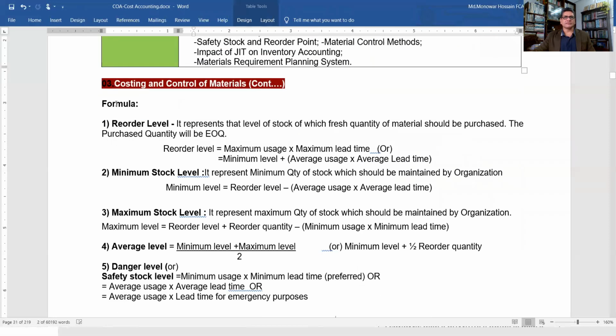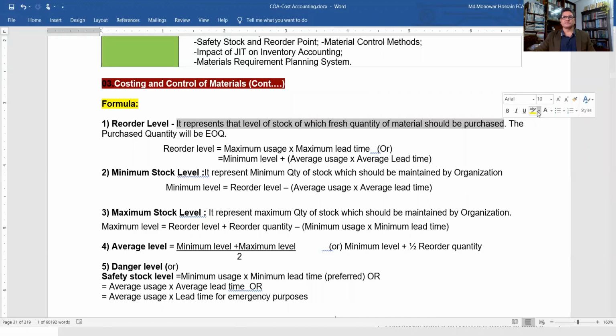Before that, look here at a few formulas regarding materials. Reorder level. So what is reorder level?